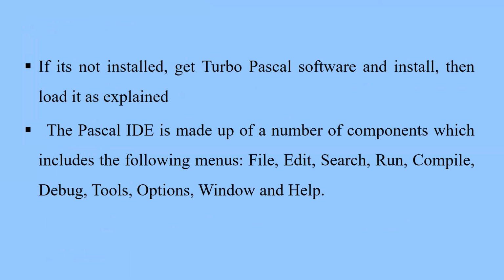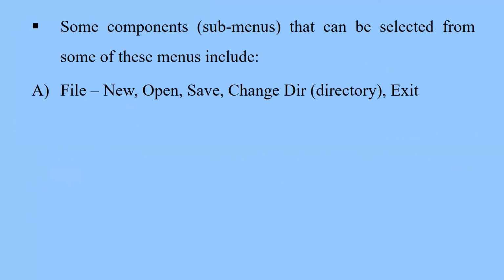The Pascal's IDE is made up of a number of components, which includes the following menus: File, Edit, Search, Run, Compile, Debug, Tools, Options, Window, and Help. Some components or submenus that can be selected from some of those menus include, from File menu, you have New.